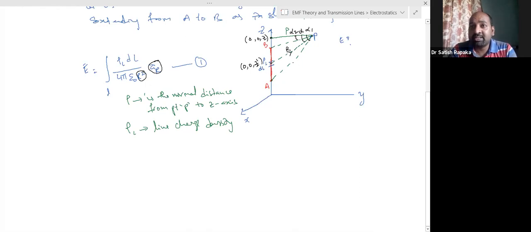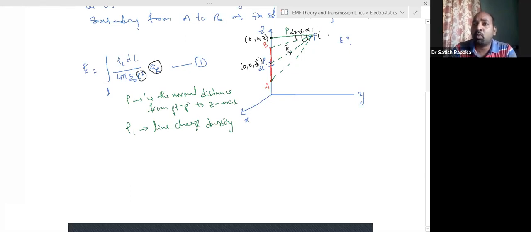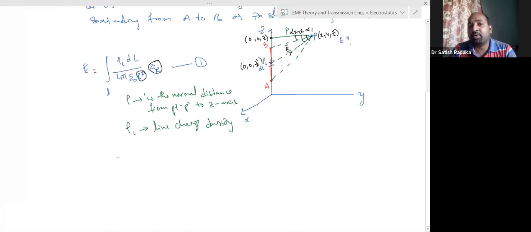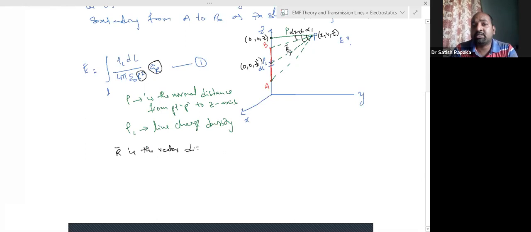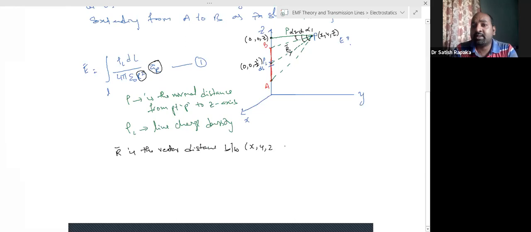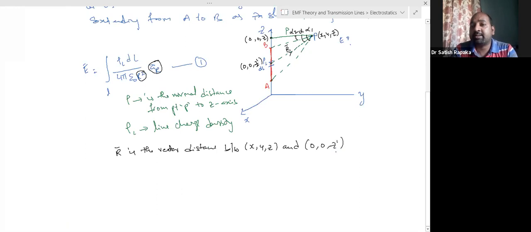So r bar is the vector distance from point 0, 0, Z dash to point P. Let us say point P is x, y, z.